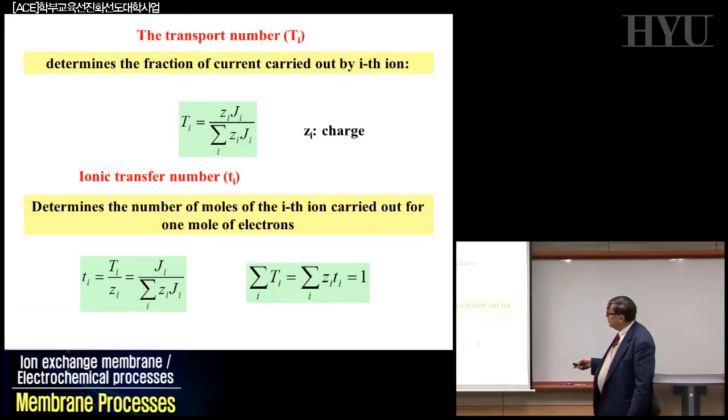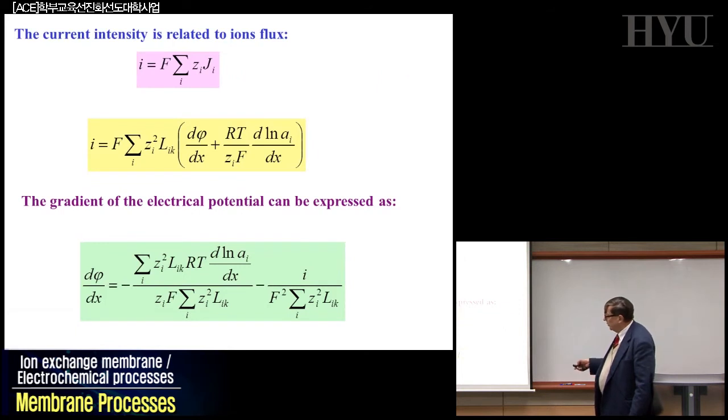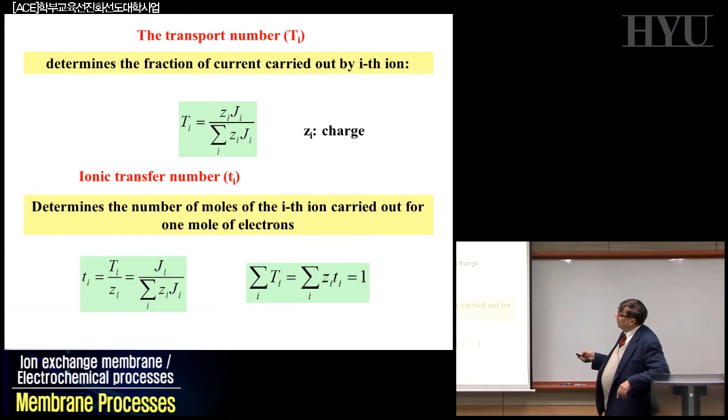I just wrote it down here, because now we can try to rewrite this expression introducing the term I defined before, which is what we call the transport number. The transport number is nothing more than the fraction of the current related to the flow of one of the different ions present. So the transport number is the current transported by the species i compared to the overall current going across the system.